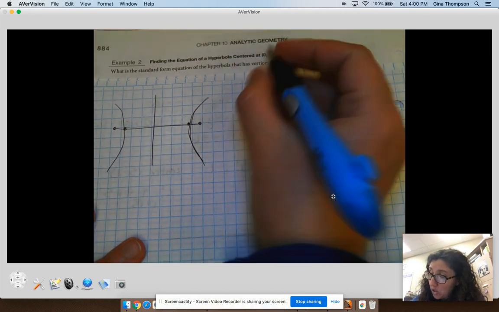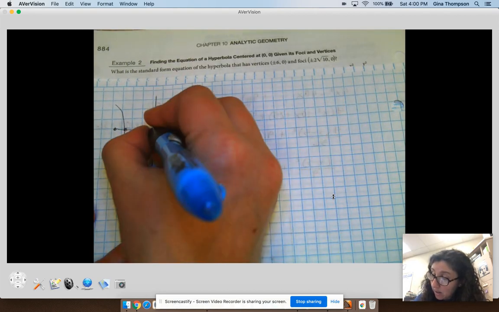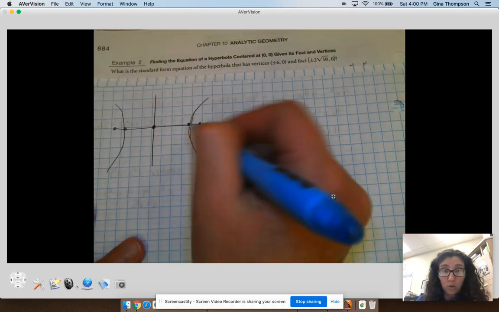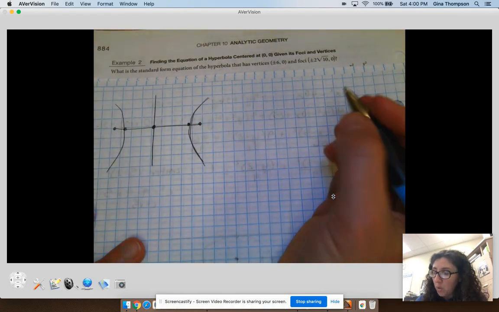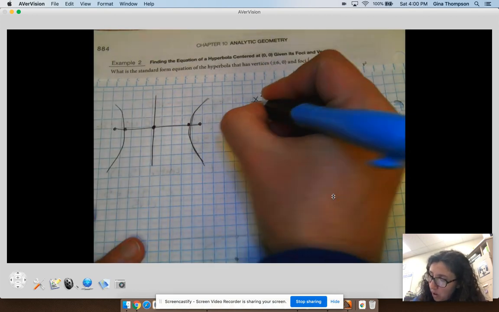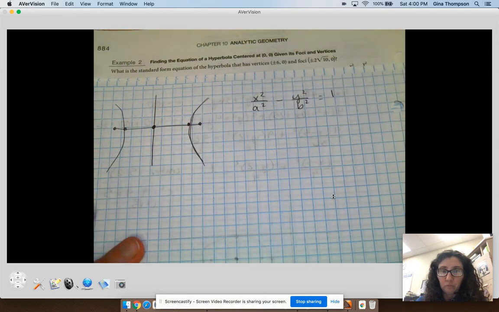And the center, it's at the origin, right? Because the vertices are 6 units either way from the origin. So we know the center is at the origin. So we know it's going to have the form x squared over a squared minus y squared over b squared equals 1, right?